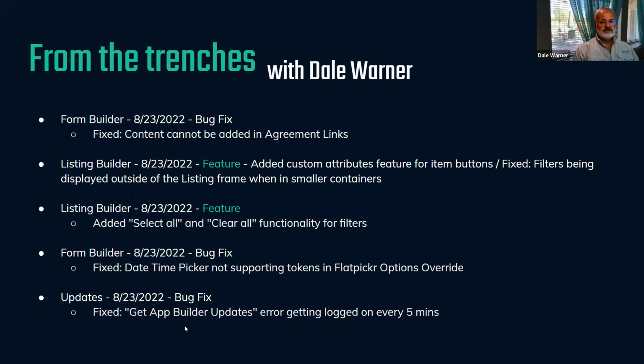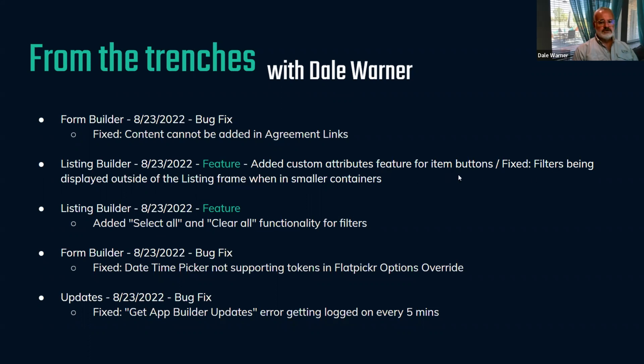These two new features I think are very cool. The easiest one to show off is the select all and clear all functionality for filters. This was in response to a particular customer request, but I think it's going to have value to all of you. And the other is to be able to add custom attributes for item buttons.